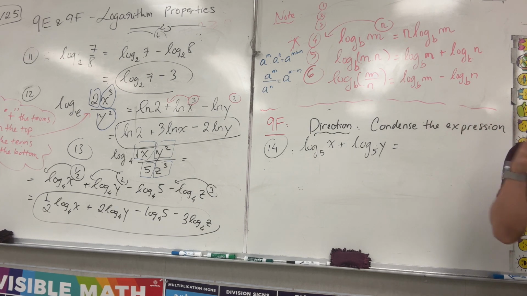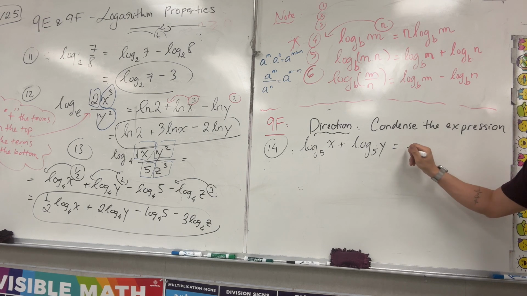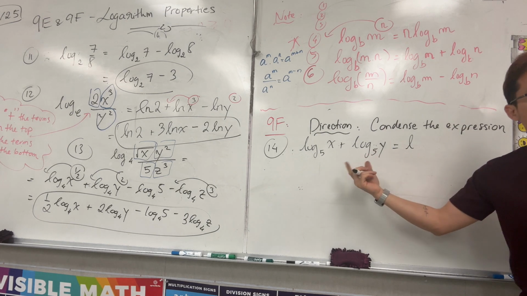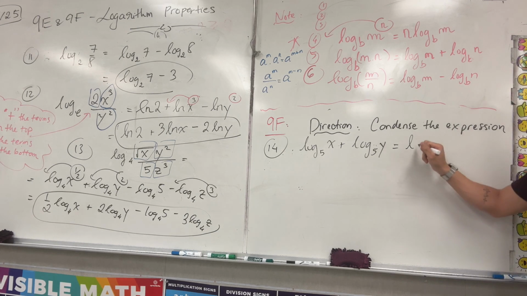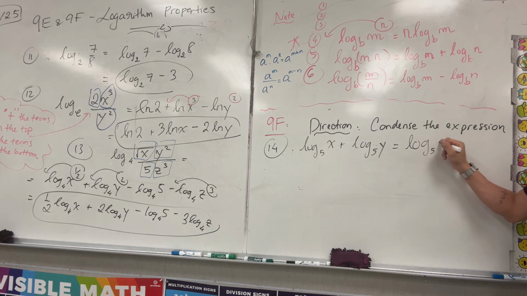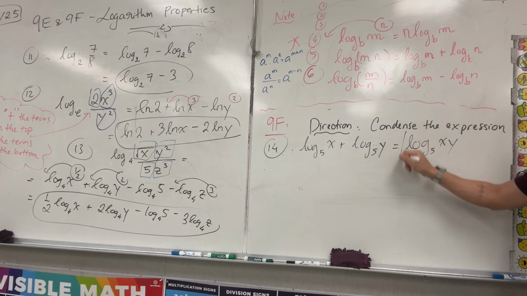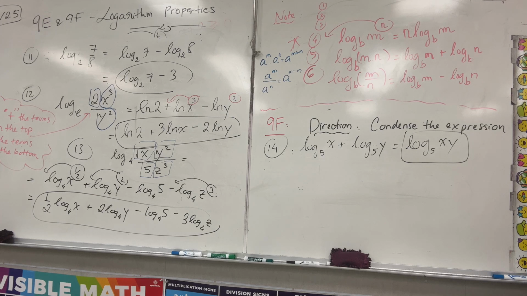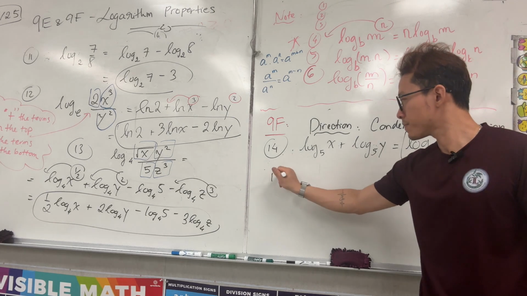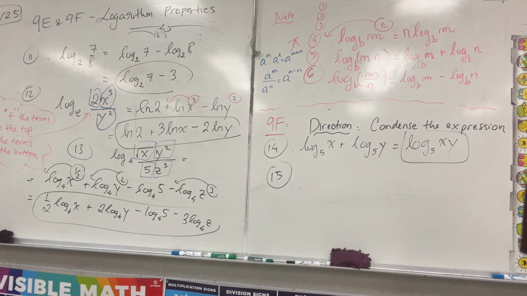You're going to shorten them. So when you add them, what does it mean? That's it. Log base 5 of xy. Make sense?